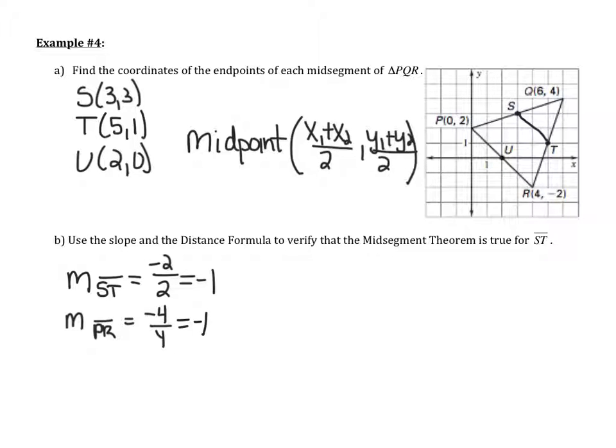Now I need to prove the other half using the distance formula to show that the length of ST is actually indeed half of the length of PR. So let's find the length of ST using the distance formula. Now remember, it's the one with the big square root. I first subtract the x's and square it, plus subtract the y's and square it. Remember, up here I identified what the coordinates of S and T are.